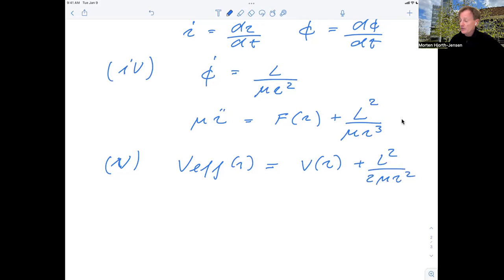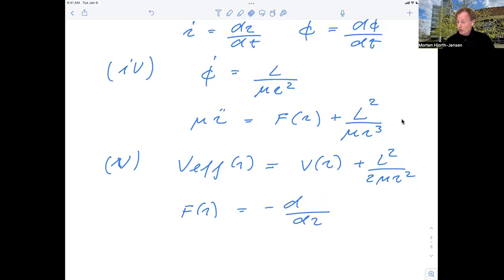And you see now that when we look at the definition of the force, its r component is given by minus dV(r)/dr. And it's easy to convince yourself that this is actually this effective potential.